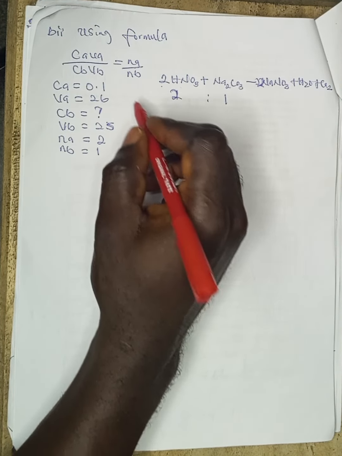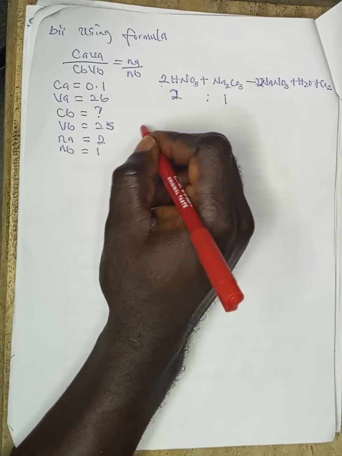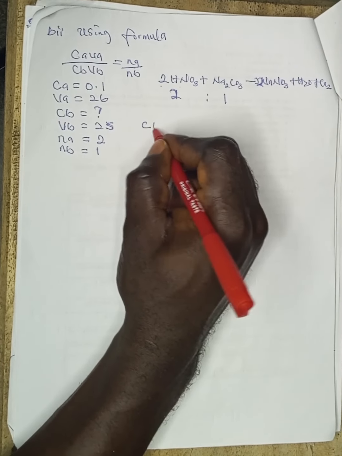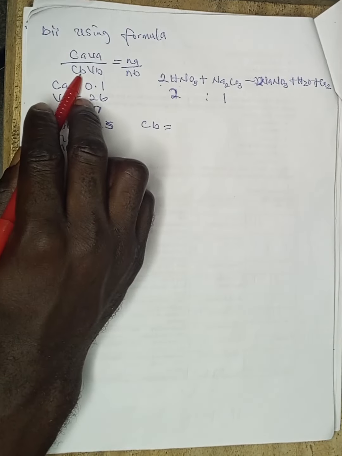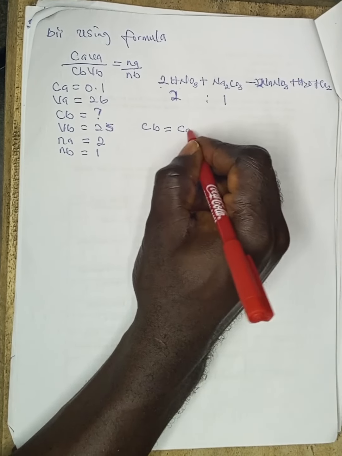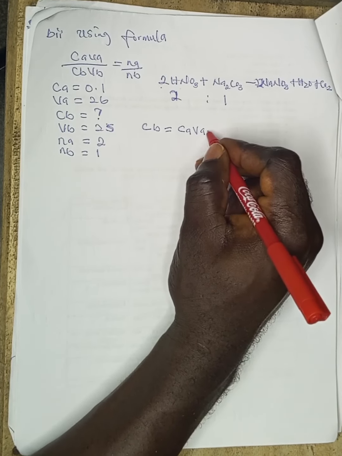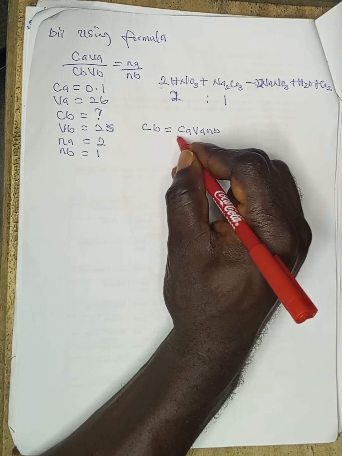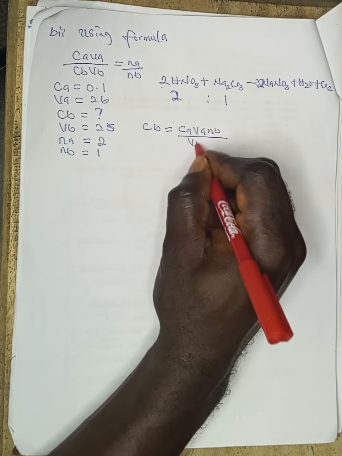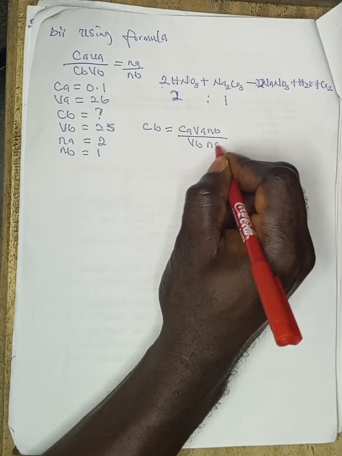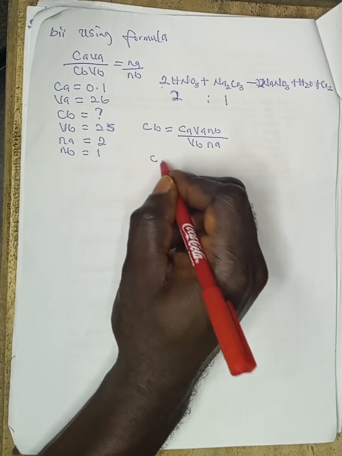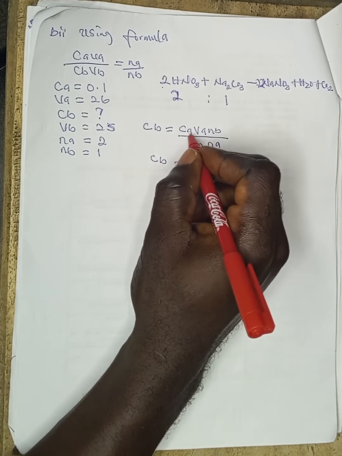So you now say that CB is equals to, you make CB the subject of the formula. So you have CAVA NB over VBNA. So you have CB is equals to, what is your CA?